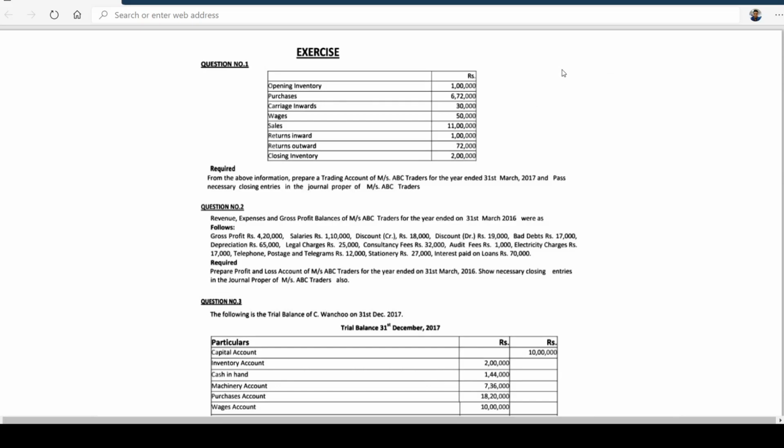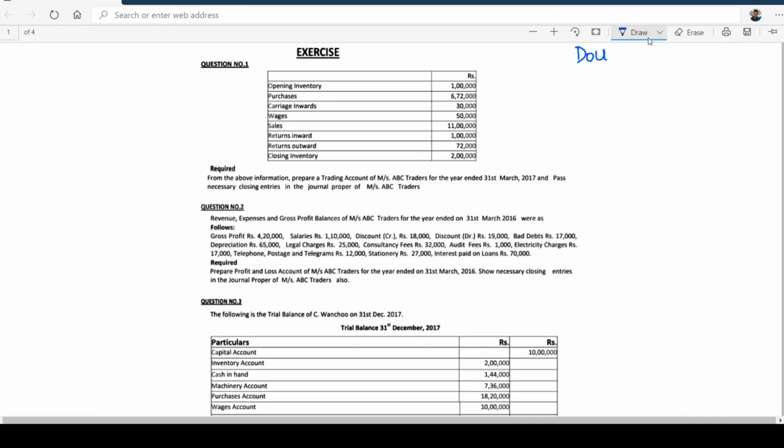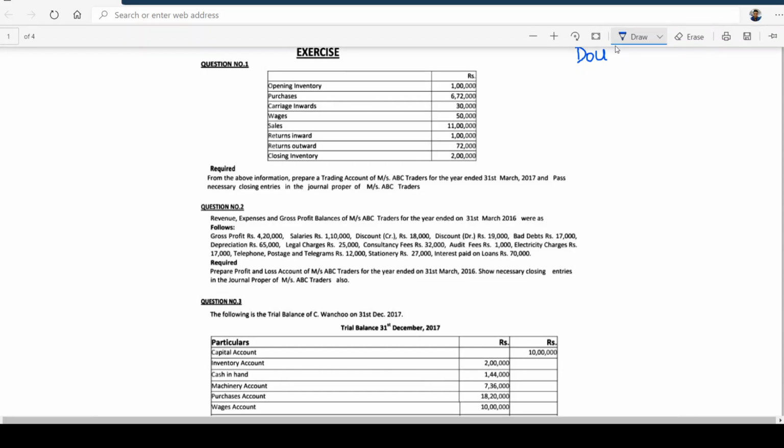So to explain the doubt, this is the explanation. If anybody is having the doubt on cost of goods sold, let me give you a small example.